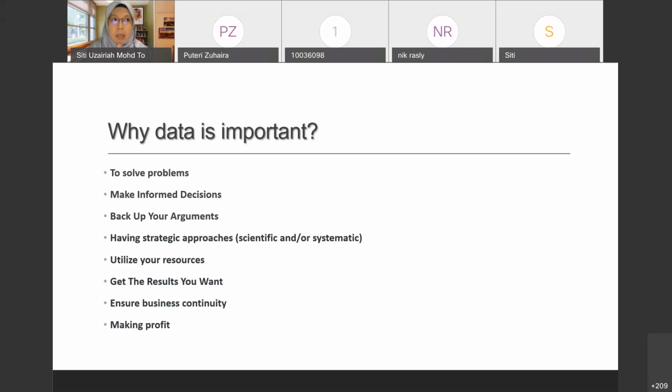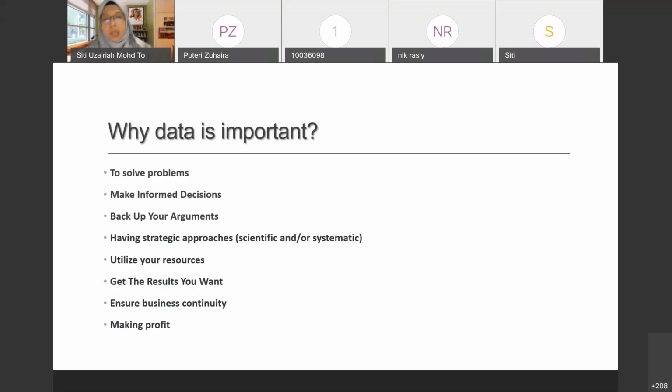That means maybe you want to prepare a budget for next year. Therefore, you need to look at what happened this year when the pandemic struck our country and globally. So what is happening, what is changing in our data, our resources. Having this data will back up your argument during your presentation.